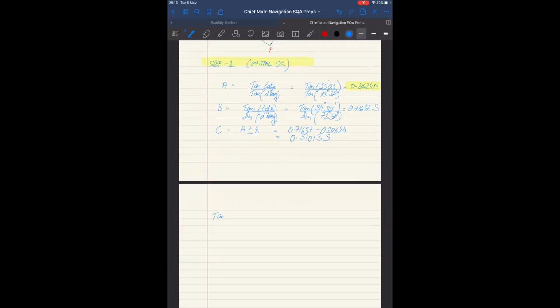Now the next step is to calculate the tan of azimuth, which is equal to 1 upon C over cos of your initial lat.